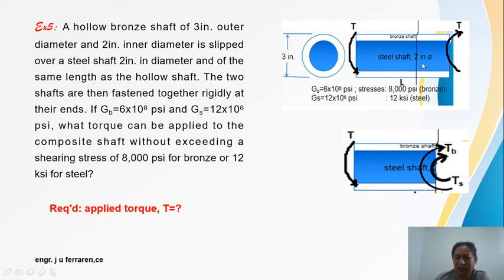Then if I view the left part, this is the applied torque and it's resisted internally by the two materials. So, this is coming from the bronze and you have the steel. Now, the torque I mentioned earlier is on a notation represented with a line headed with double arrows.